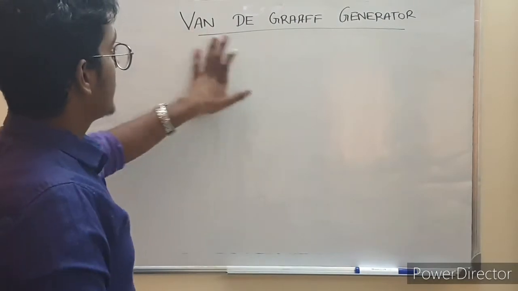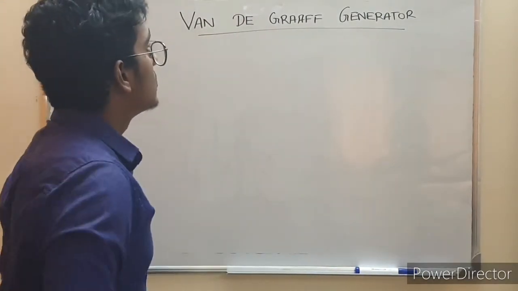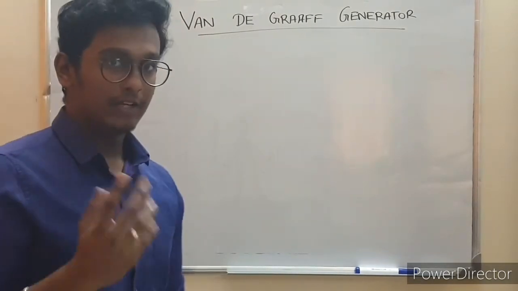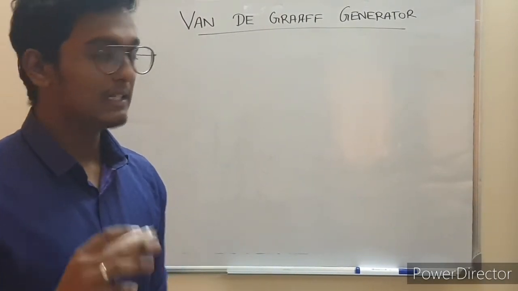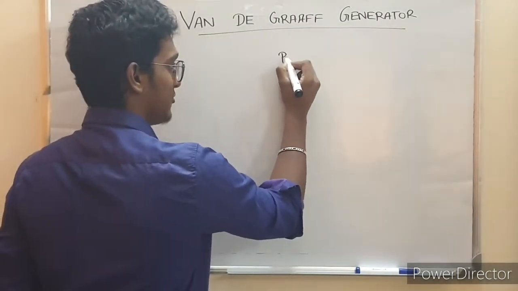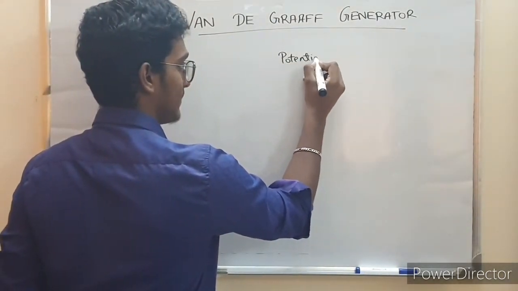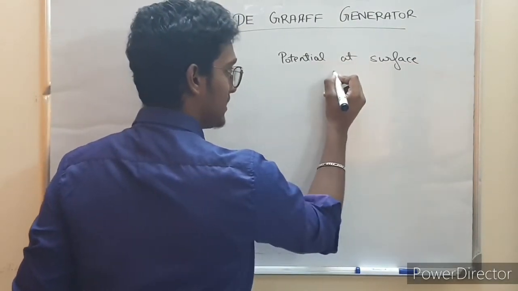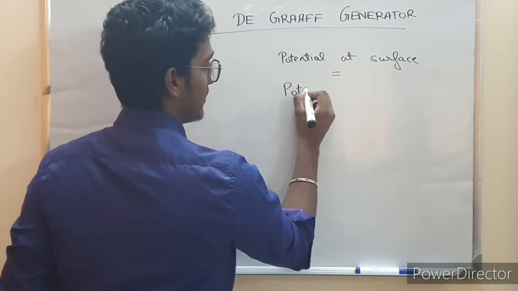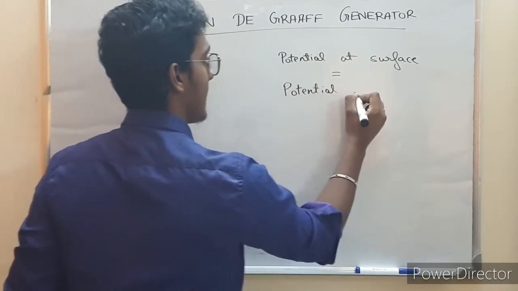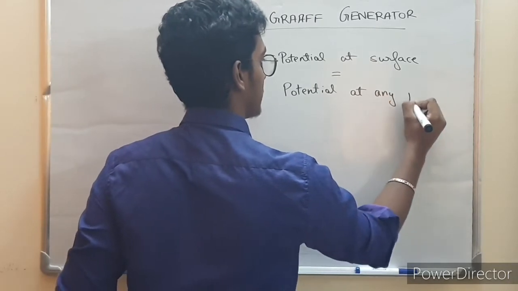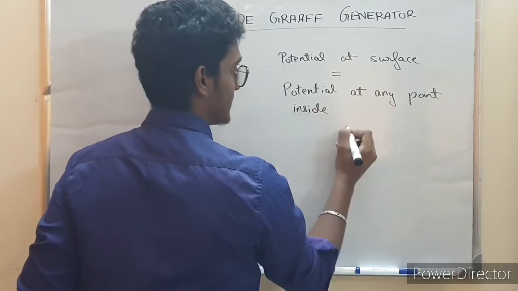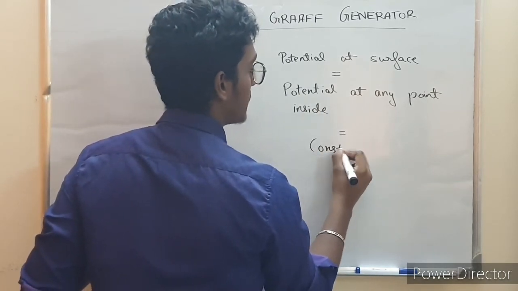Okay, so now we are talking about the Van de Graaff generator. The main underlying principle of this appliance is what we learned in the electrostatics of conductors: the potential at the surface equals the potential at any point inside, which is equal to a constant value.